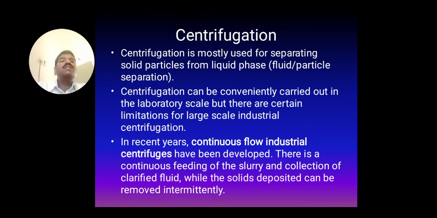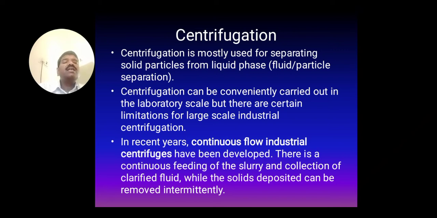Next, the fourth one is centrifugation. Centrifugation is commonly used for separating solid particles from liquid phases. Centrifugation can be conveniently carried out at laboratory scale, but there are certain limitations for large scale industrial centrifugation. In recent years, continuous flow industrial centrifuges have been developed.